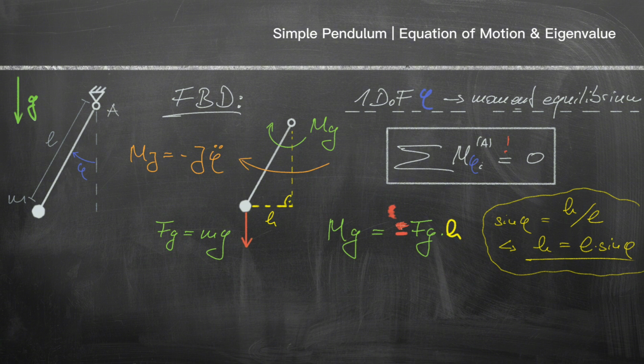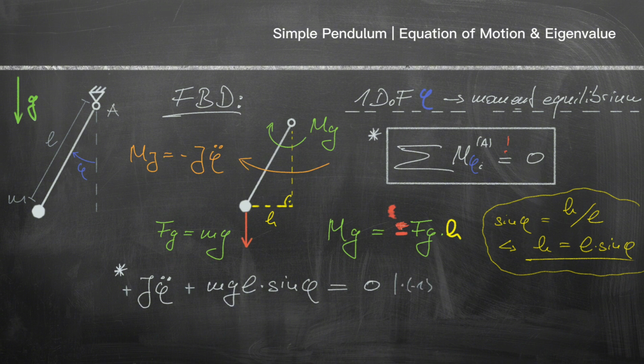With this, we can now set up the moment equilibrium. We sum all moment contributions and set them equal to 0. Minus J times phi double dot minus m g L times the sine of phi is equal to 0.